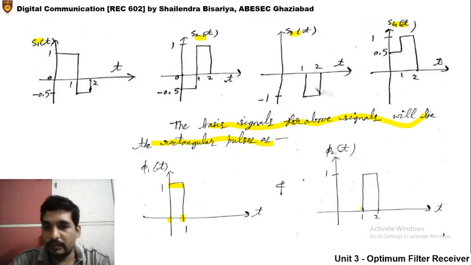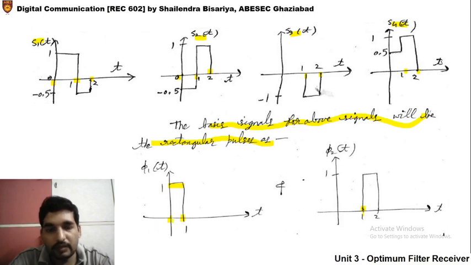So for the remaining portion, the time is from 0 to 2, and we have defined a function for 0 to 1. So we have to define another rectangular function from 1 to 2, right?